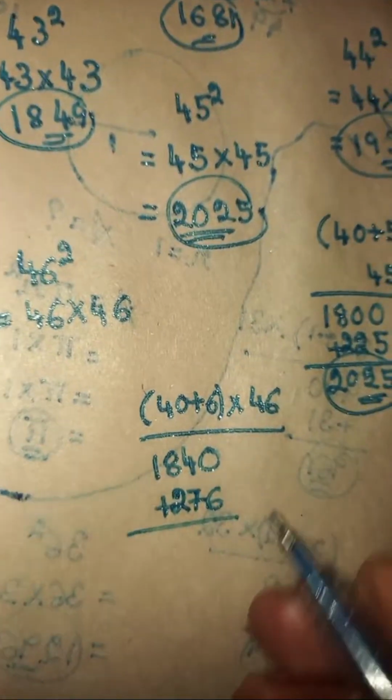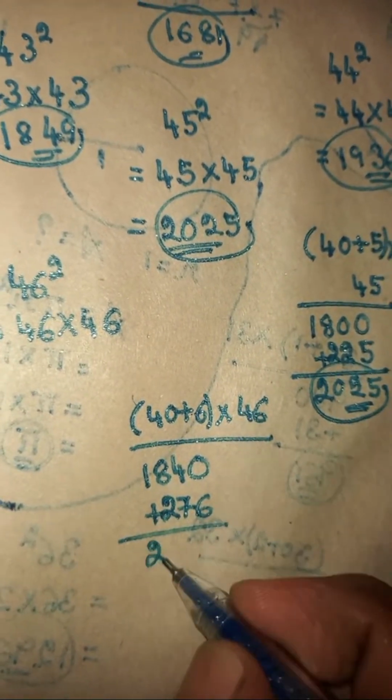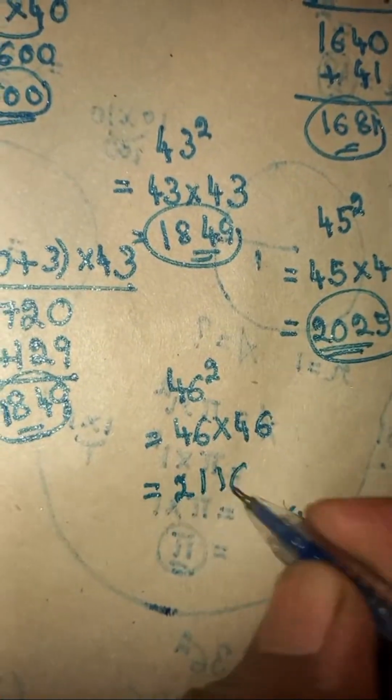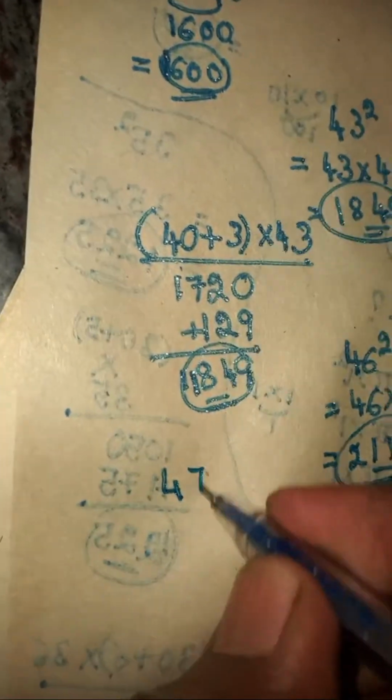When you add it, you're going to get 2116. So 46 square is 2116.